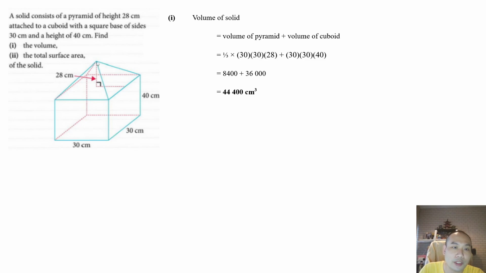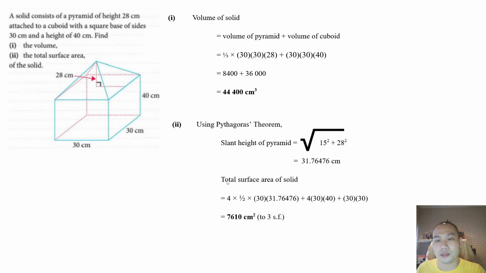If you look carefully, if I trace the height of the pyramid with half the base over here, and the slanted height, this is actually a right angle triangle. Since it's a right angle triangle, we can apply Pythagoras theorem. After you do some research and read up on it, we know this is how we use it.